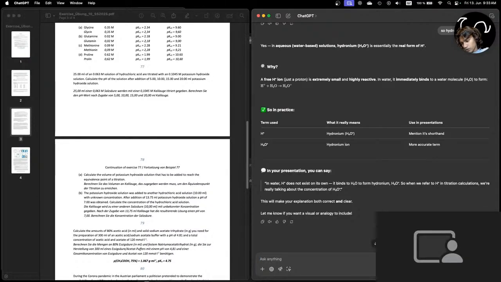Number of moles of KOH is volume into concentration.